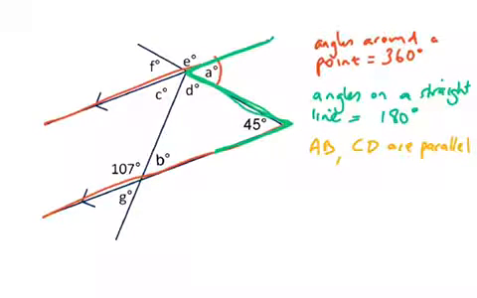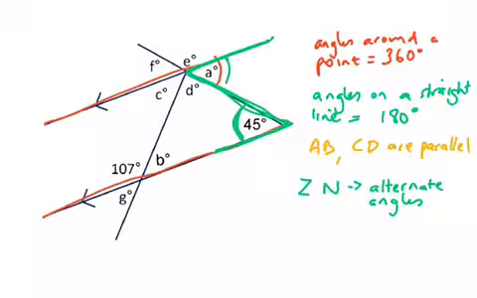If we remember rightly, anything to do with a Z or an N, we call alternate angles. Alternate angles means that this angle here is going to be the same as this angle here, which means we've just worked out that A equals 45 degrees, which is good news.